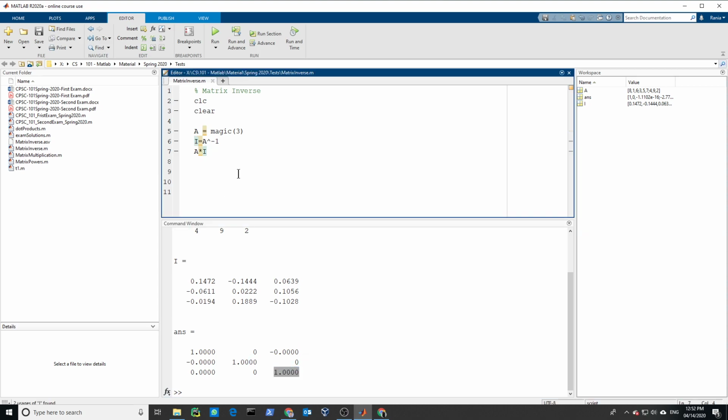And also if I multiply the inverse by the matrix, it will give me also the identity matrix, the same thing. So that is what the inverse is. If I multiply the inverse by the matrix, it will give me the identity matrix.